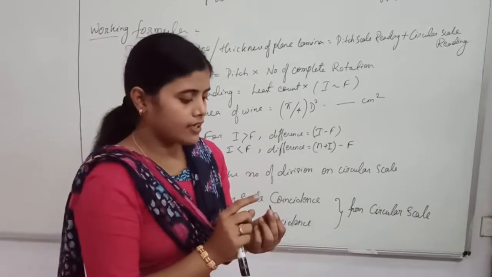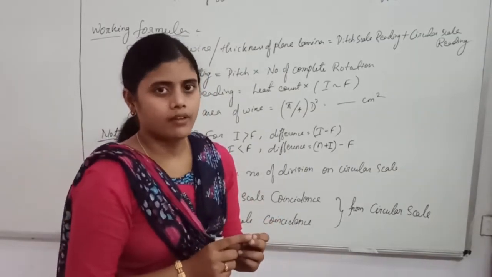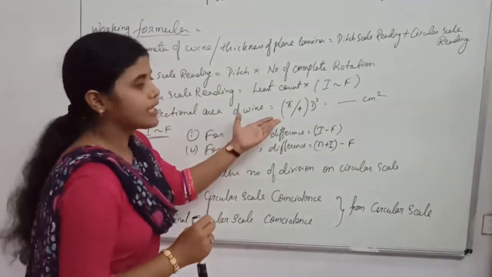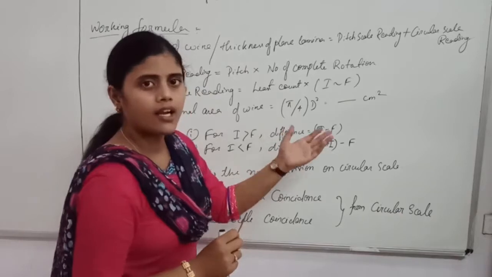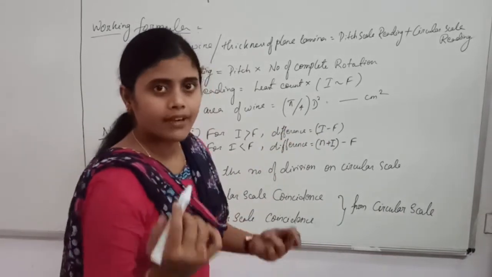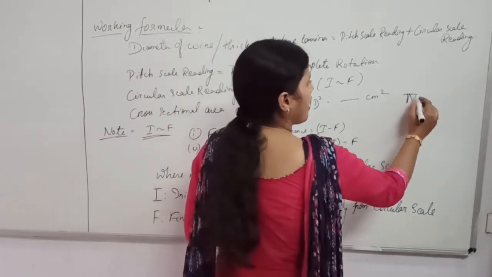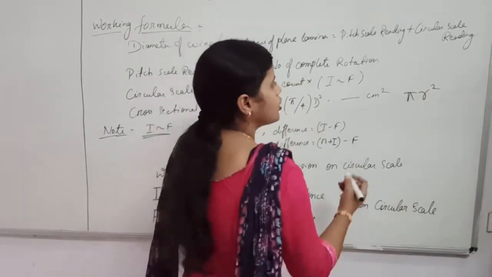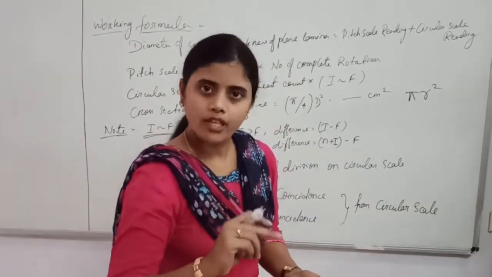So when this is a circle, the area of the circle is pi r square. Now you know the diameter, so you can easily find the cross sectional area. In terms of radius, it will be pi r square. But in terms of diameter, radius is nothing but diameter by 2.